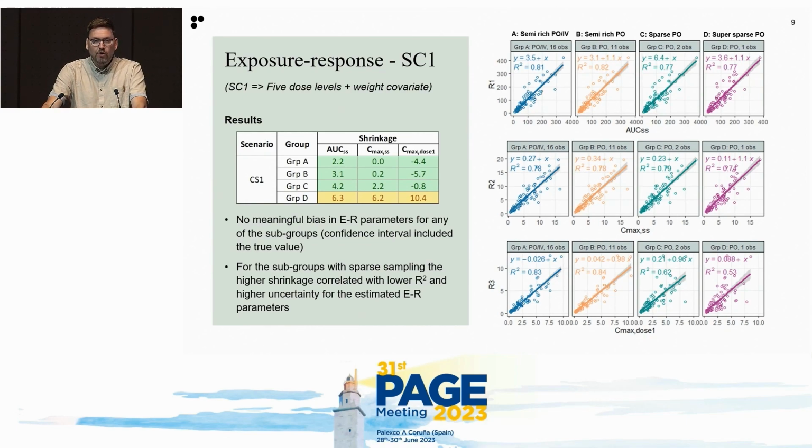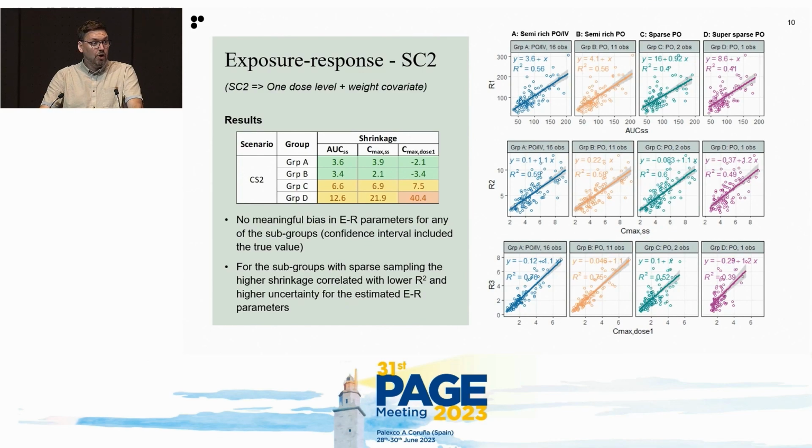Scenario 1 with a wide dose range can be summarized easily by saying that no meaningful bias in exposure response parameters was seen for any of the subgroups in this scenario. For scenario 2, we had a similar result in that there was no meaningful bias in exposure response parameters for any of the subgroups and/or response variables.